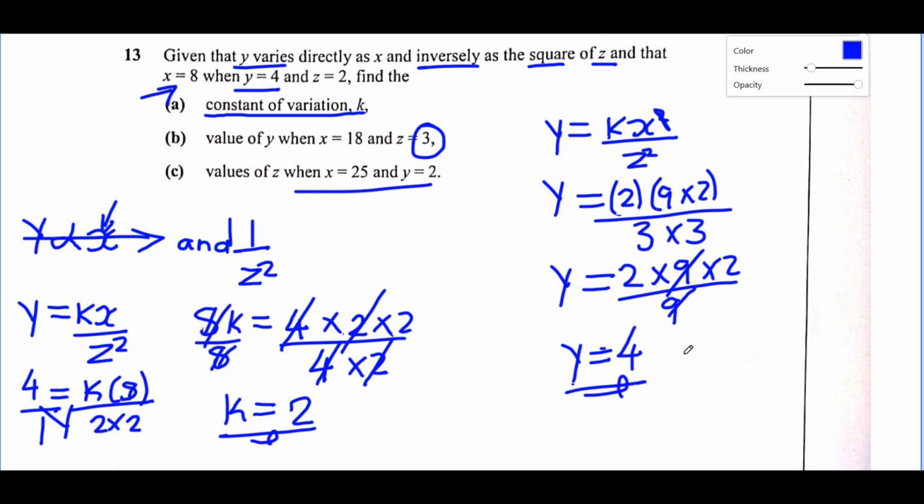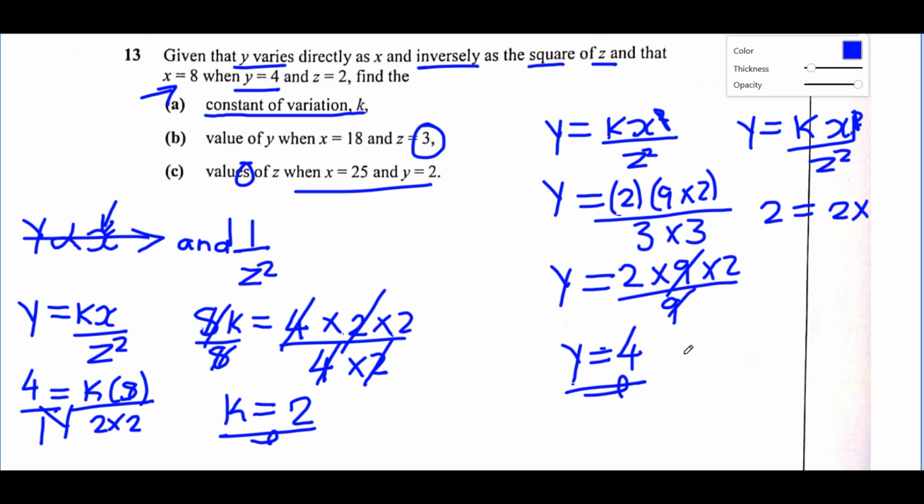The last one is values. So as we can see, there is an S here. It means two numbers. So say y is equal to k x squared over z squared. Y is 2, k is 2, x is 25. Why am I putting squared here?